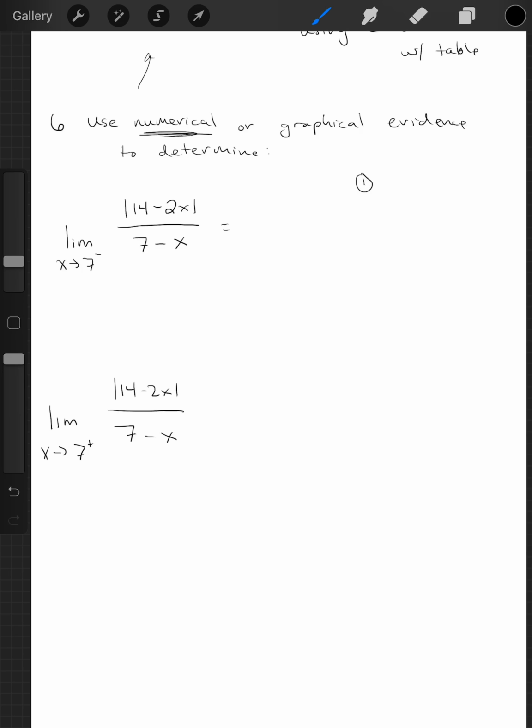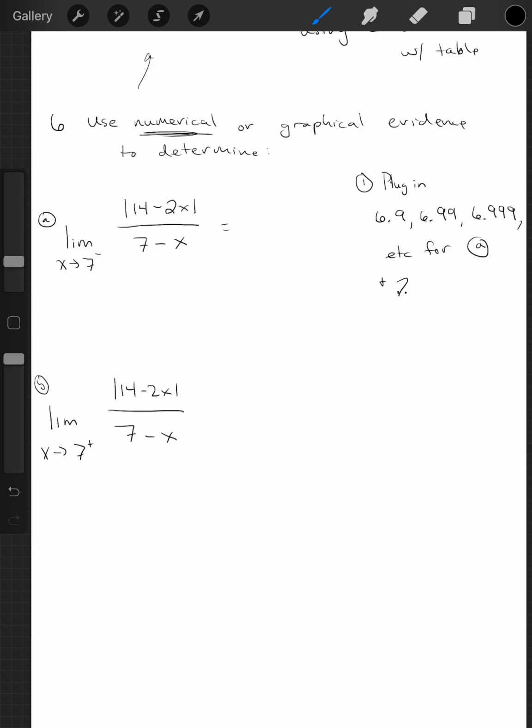So we have options. We could plug in 6.9, 6.99, 6.999, etc. for A, because those are all numbers less than 7 that are getting closer and closer to 7.